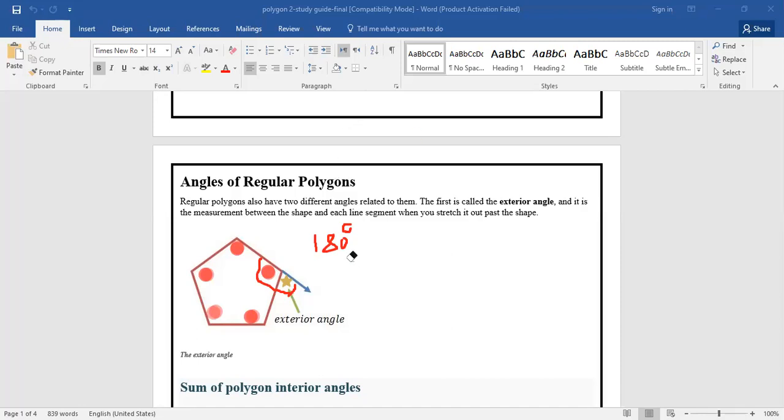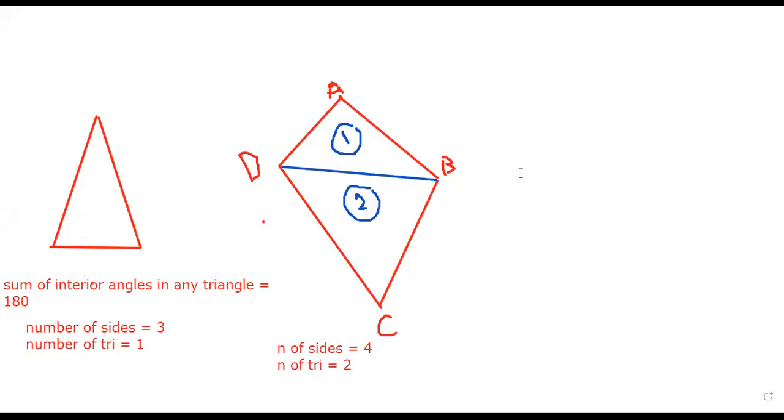Then, if we want to calculate the sum of the measure of angles inside any polygon, a triangle consists of 3 sides, right?